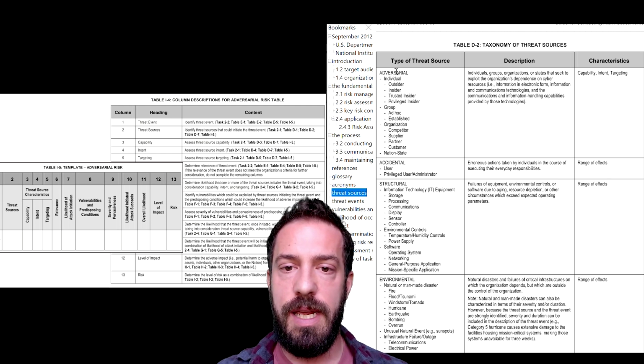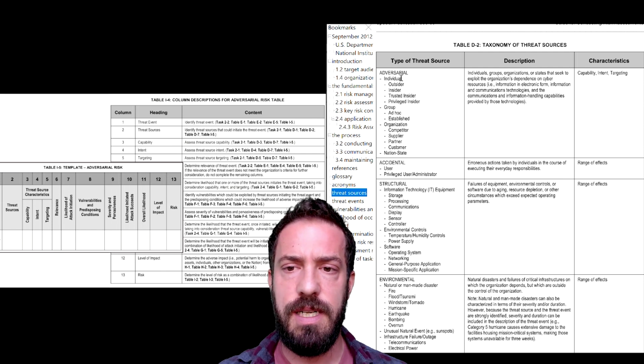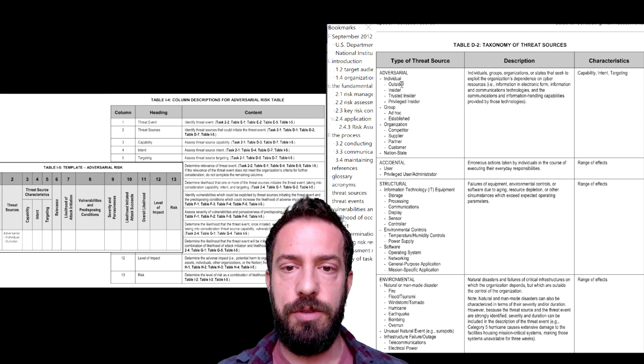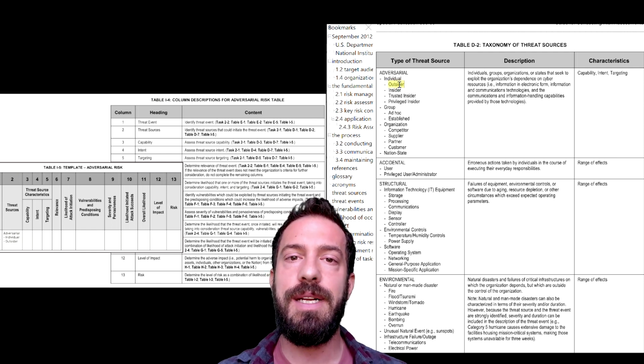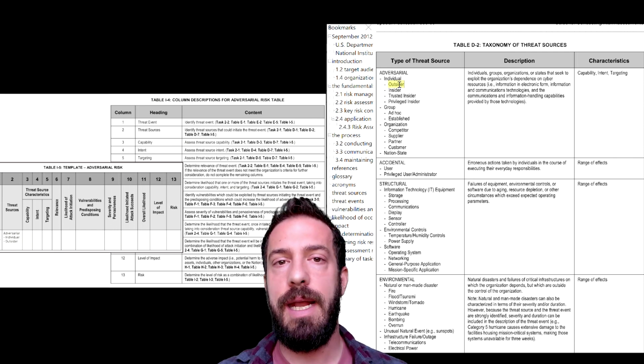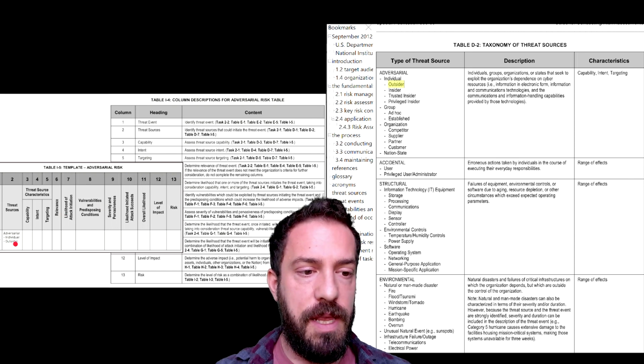You can do different ones for different adversaries. Let me focus on the individuals that can be outsiders. So it's someone outside the organization that I'm worried will find access to my exposed network and get information out of it. Right, so that's my threat source.